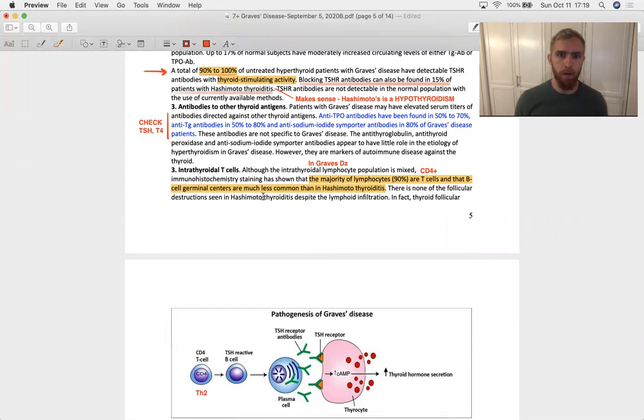Now, Graves' might also show you antibodies against thyroglobulin. You might see anti-sodium iodide symporter antibodies. That's going to be an SLC gene name.